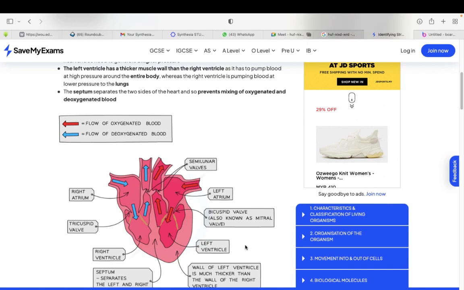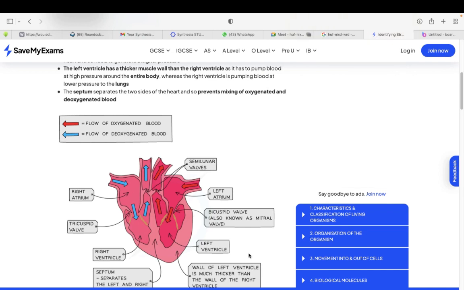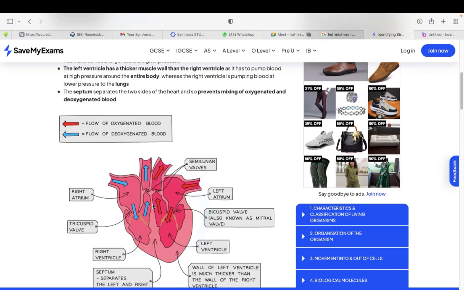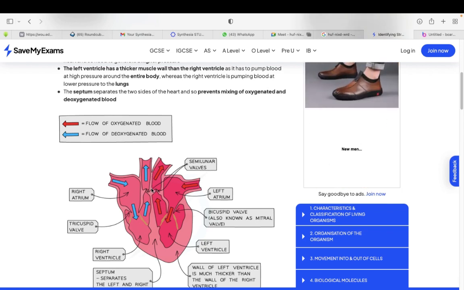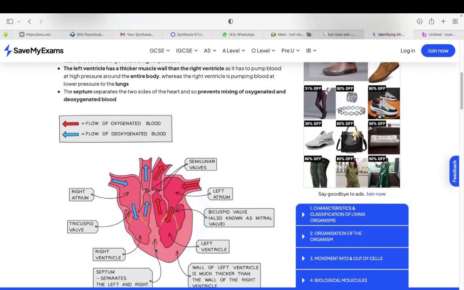Then there's also a part of the heart that we call the septum. The septum separates the two sides of the heart and so prevents the mixing of oxygenated blood with deoxygenated blood. The septum is this empty space. You see, it runs from the top to the bottom.